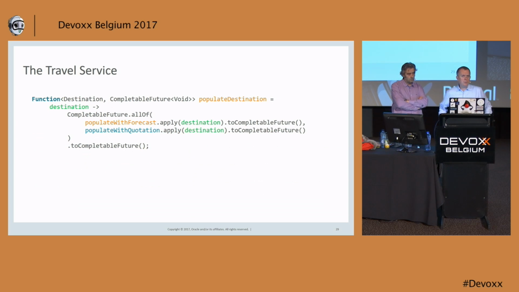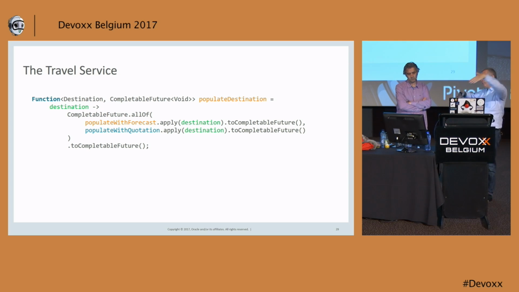Now, what we really want is that we have several properties to set in the destination object. And what we want is another completion stage that will tell us, hey, I'm done populating all the different properties of that destination object. So in fact, we are going to wrap all the requests that are made in parallel, of course, because everything is asynchronous, all the requests made on the different services that are going to update this destination object, and wrap all those completion stages in a single completion stage that will complete once all the sub-completion stages are complete.